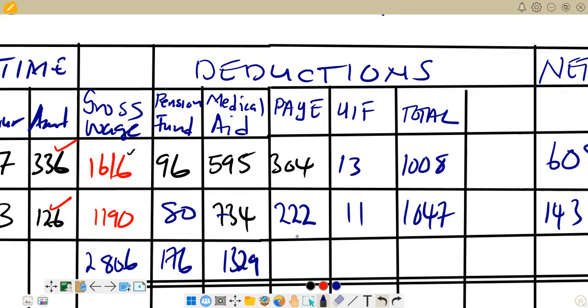We add this one on PAYE, you get 526. UIF total 24. Then the total for the totals that we get down there is 2,055. Net wage from there we get 751. So this is what we have in terms of the wage journal.